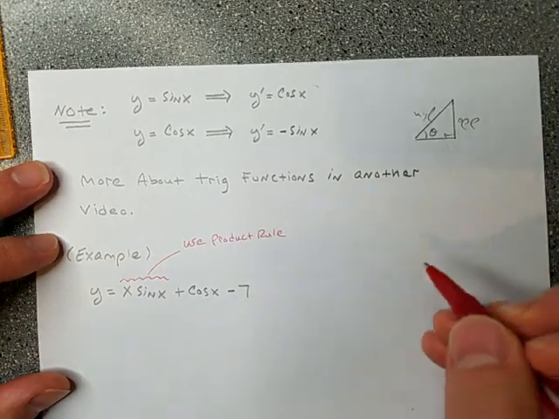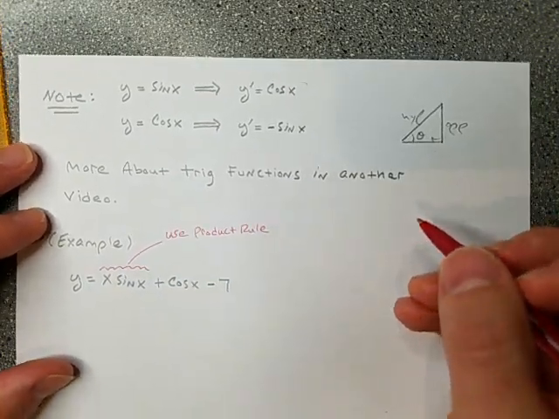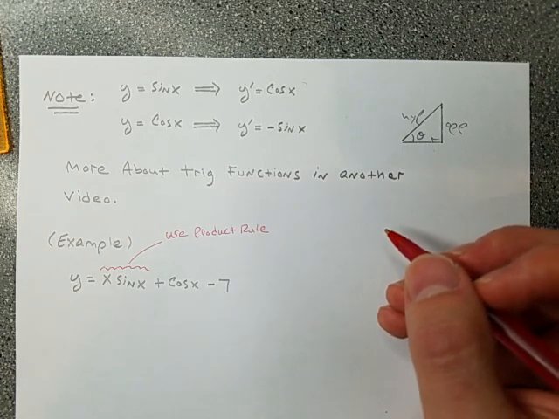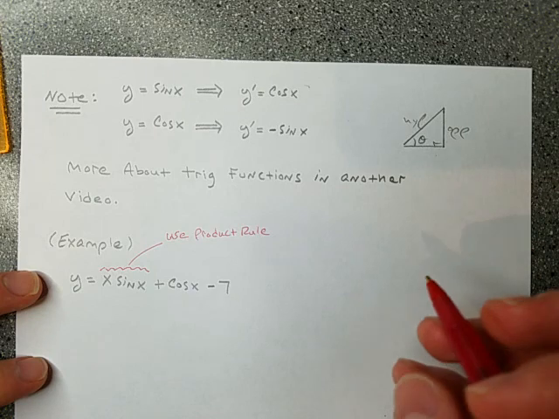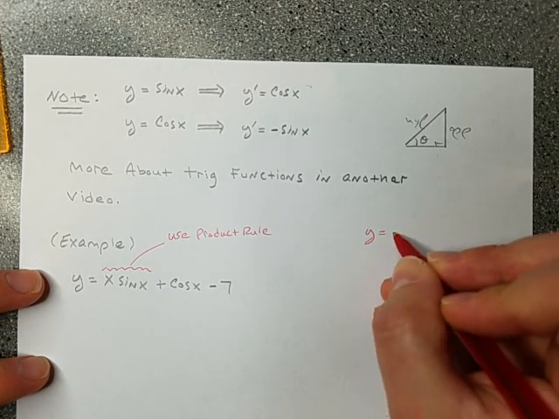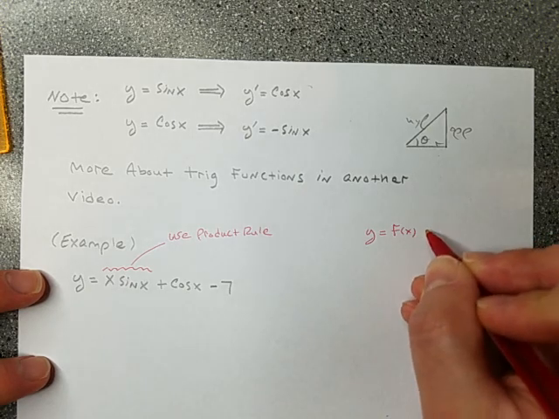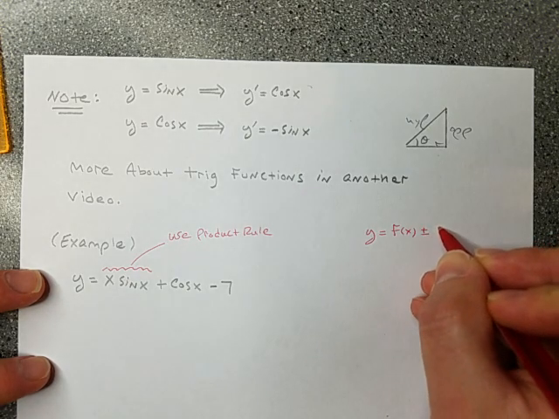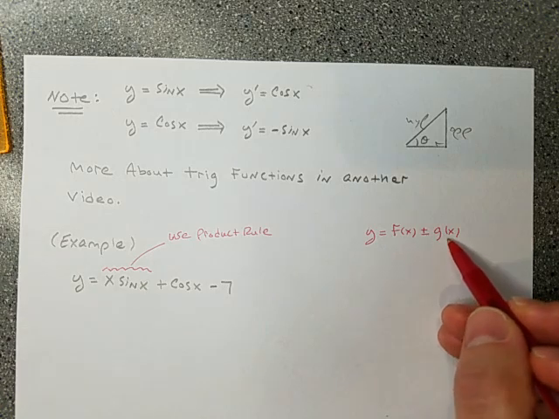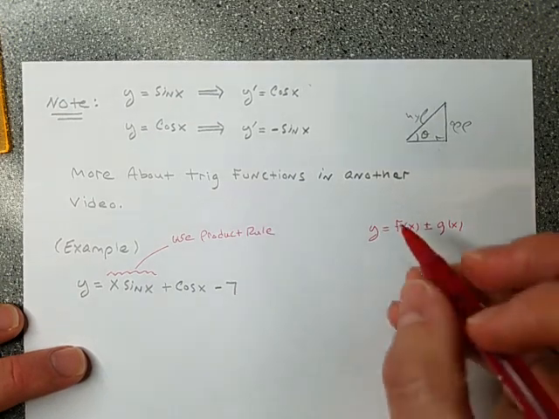Well, let me remind you. The way it is, there's lots of rules. The more we go through the class, the more rules there are going to be. You've got to get a handle on them. That's just the way it is. But remember when I told you about this rule: suppose you have one function plus or minus another function. Not one function times another function, but one function plus or minus.